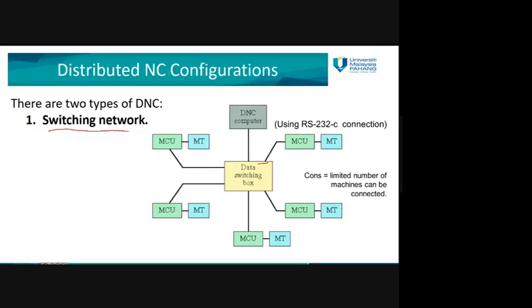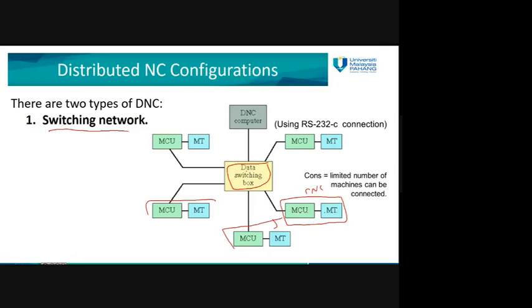So we have a data switching box here, and this data switching box is connected to multiple CNC machines. One CNC consists of a machine control unit and machine tools. This is one CNC, this is another CNC, this another, and so on, all connected to the data switching box. It's like a switch for data.